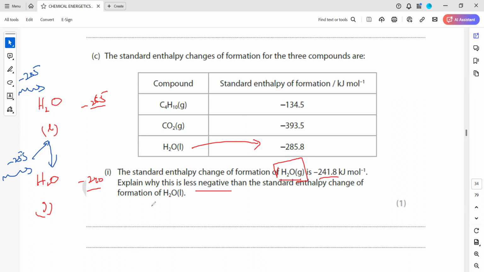That's why the overall energy change will be less negative. So energy is absorbed by the water to change the state. And as a result, it will become less exothermic.